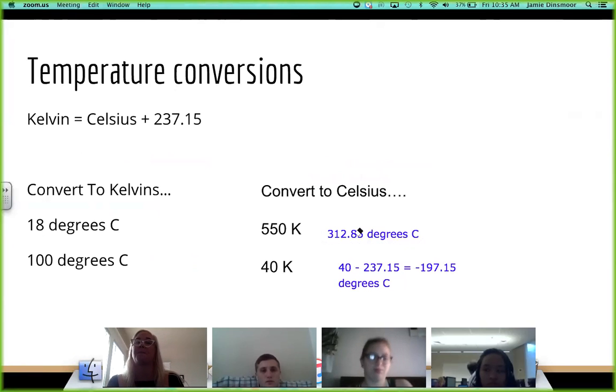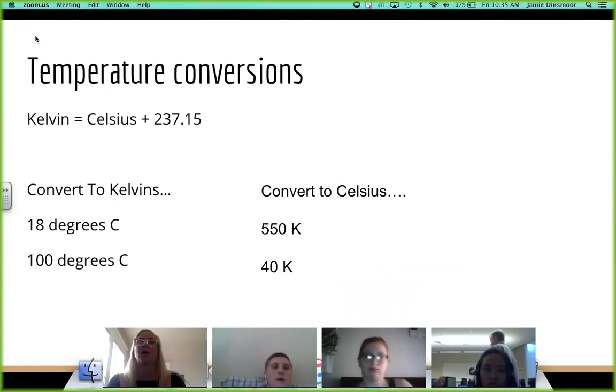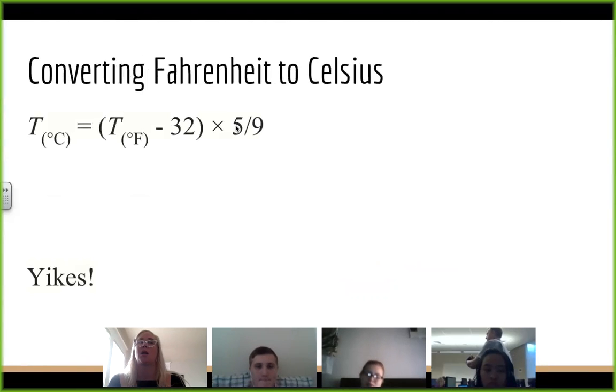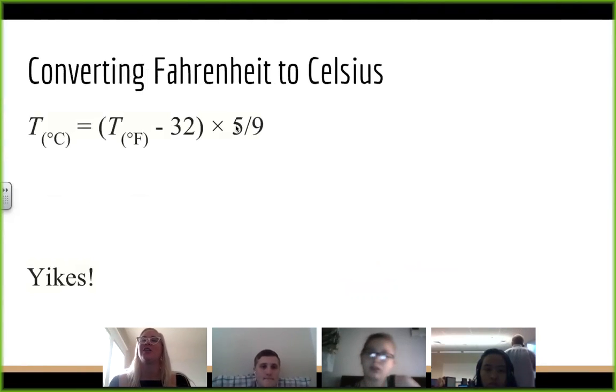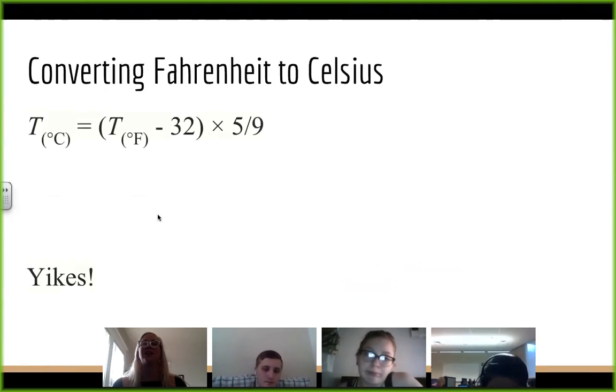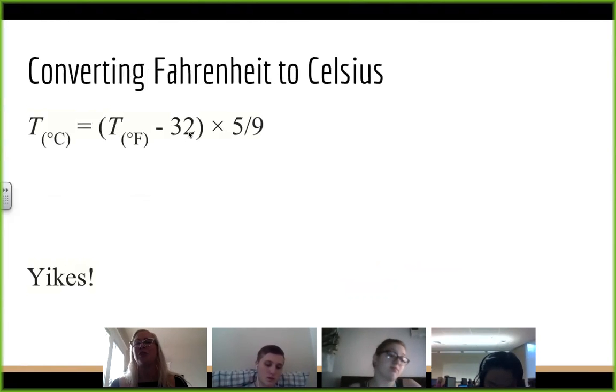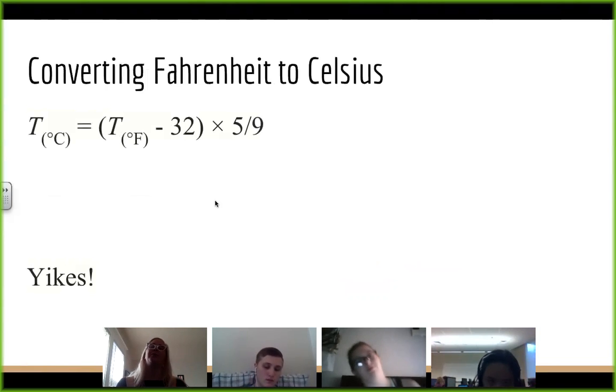Now, if only Fahrenheit to Celsius was as easy. So this is how you convert Fahrenheit to Celsius. You take your temperature in Fahrenheit, you subtract 32, and then you multiply by 5/9, right? Super annoying.